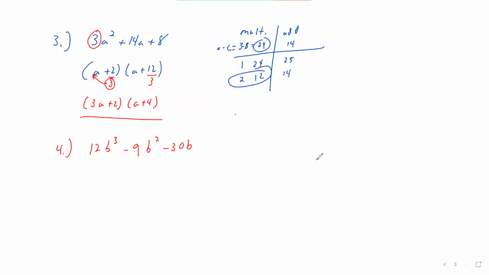There's a 3. Oh, remember, you start with the smallest number, which is 9. 9 did not go into 12, so then you break the 9 up and go, oh, well, 3 and 3 give me 9, so then check to see if 3 goes into everything. And it does.